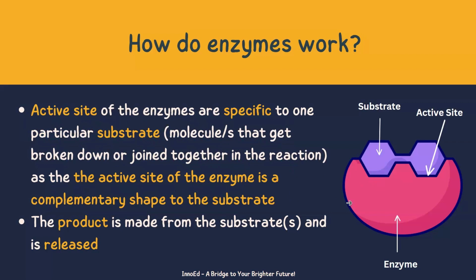If it is so, the reaction occurs faster than before, and the product is formed from that substrate. After the reaction, the product or products are released from the active site of the enzyme. Then the enzyme is free. That enzyme can be used in another reaction.